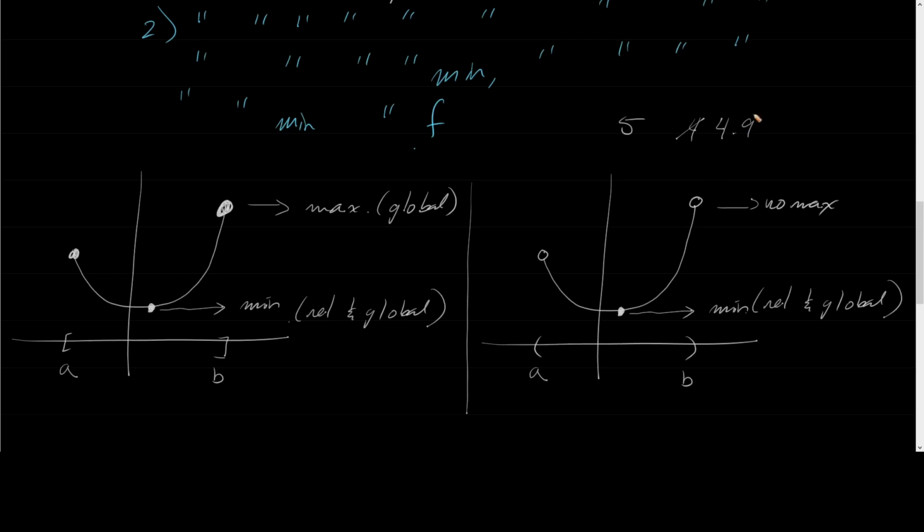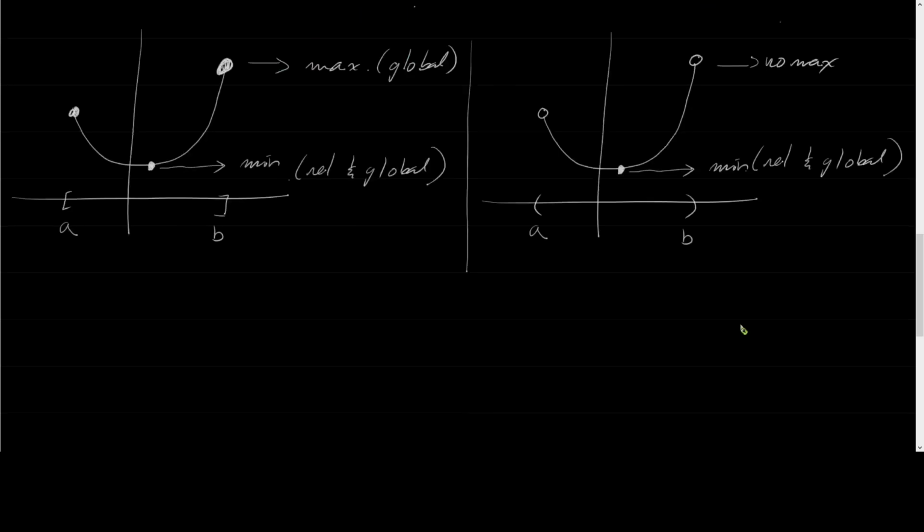But there's values bigger than that, like 4.99 or 4.999. The idea is that we can continue to get closer, and there will be no biggest value less than 5. So in here, there's no biggest value less than this point. That's why this would not have a maximum. But it does have this relative minimum, and it's an absolute minimum as well.